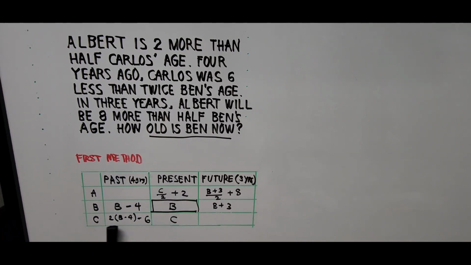If we add 4 years to the past age, that will be the present age, that is C. Based on these, we formulate one equation here and a second equation here. All right, so let's do that.